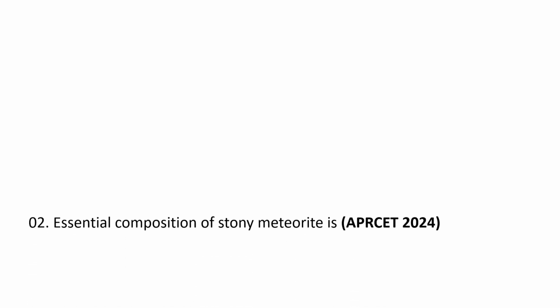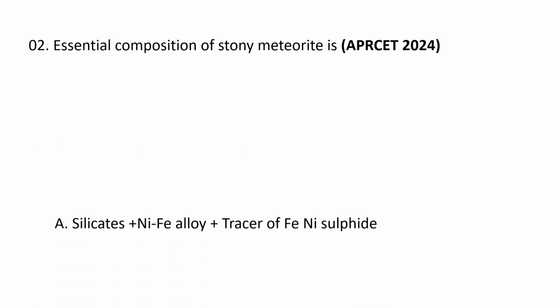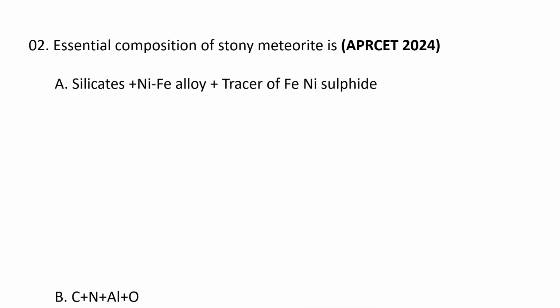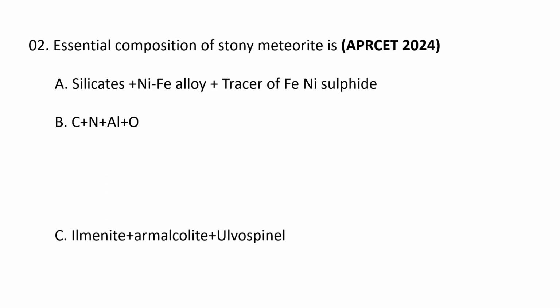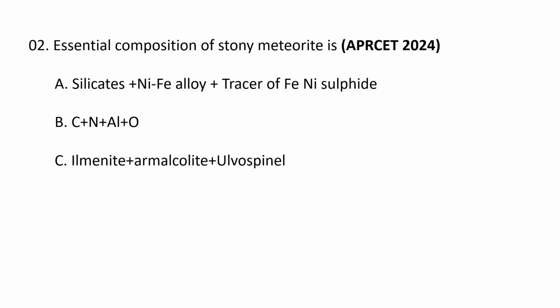Next question. The essential composition of stony meteorite is A. Silicates and nickel iron alloy and traces of iron nickel sulfide. B. Carbon, nitrogen, aluminium and oxygen. C. Ilmenite, armacolite and ulvospinel. And D. Iron, nickel, phosphorus and copper.